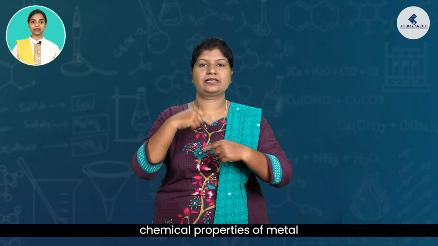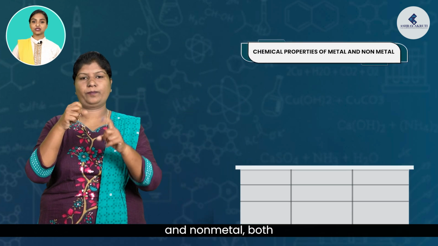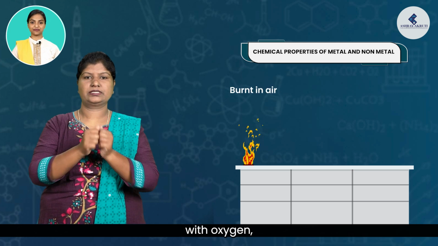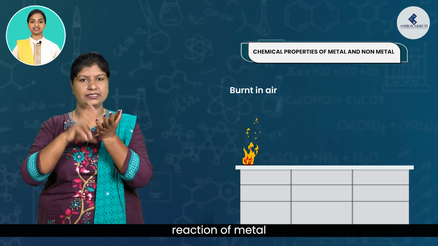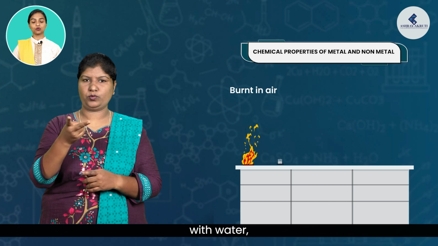Now we'll discuss chemical properties of metal and non-metal. In this part, we'll discuss reaction of metal and non-metal both with oxygen. Reaction of metal and non-metal both with water.